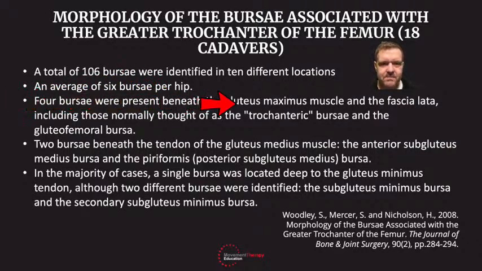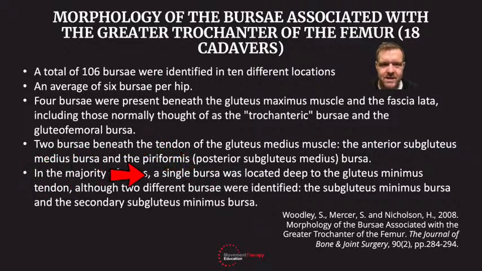Four bursa were present beneath the glute max muscle and the fascia lata, including those normally thought of as the trochanteric bursa and the gluteofemoral bursa. Then 2 more bursa were found beneath the tendon of the glute medius muscle, the anterior subgluteus medius bursa and the piriformis bursa. Interesting, so we've got some bursa around that region as well.